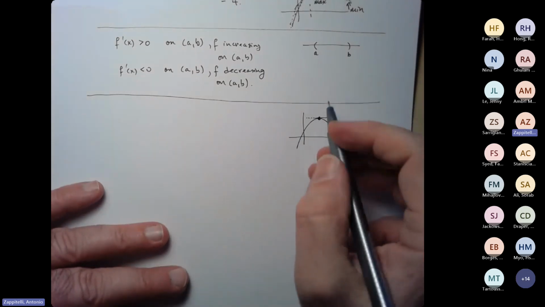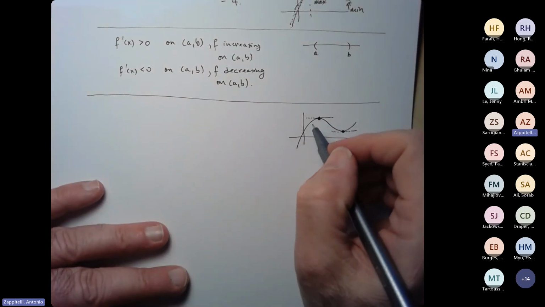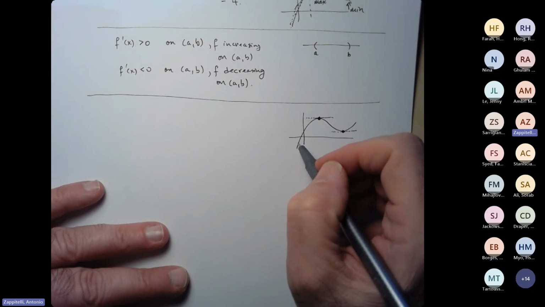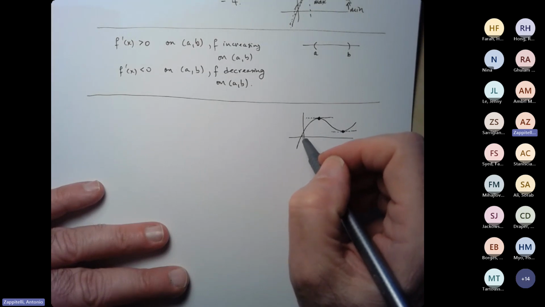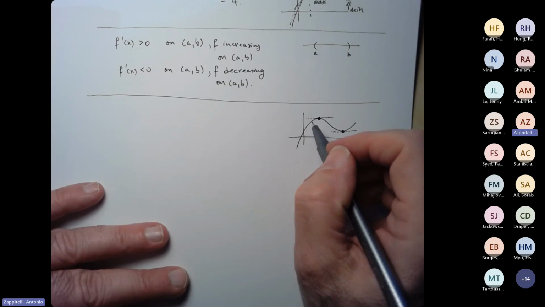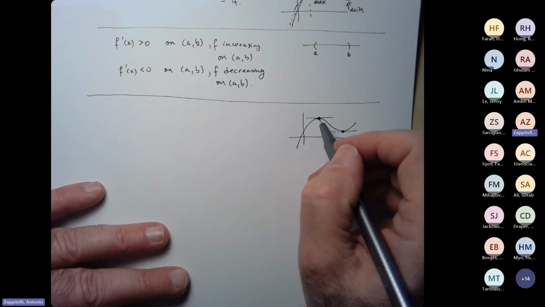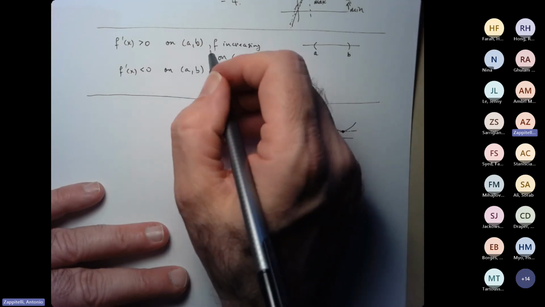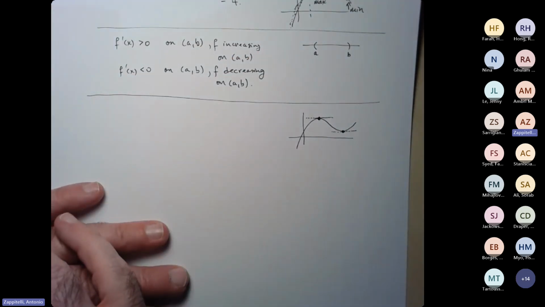And there's something else that's interesting about maximum. What's happening with the function before a maximum? What do we notice? How does the function behave before the maximum? It increases. And then what happens? Then it decreases. But hey, didn't we just talk about increasing or decreasing?